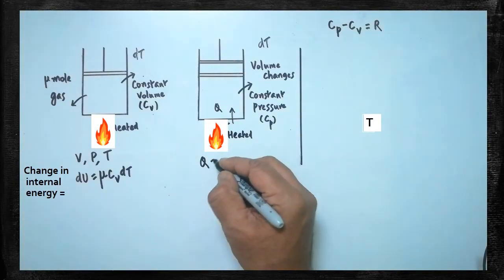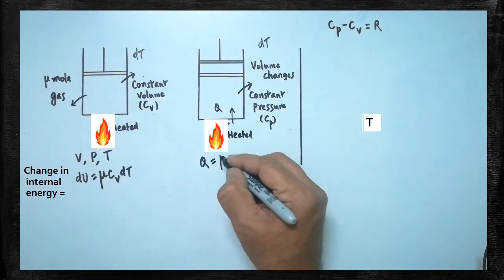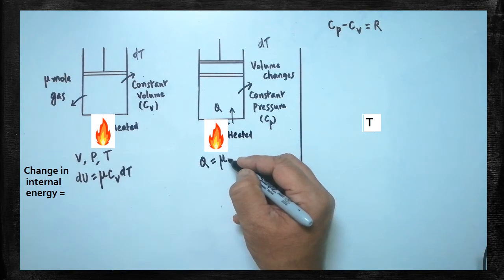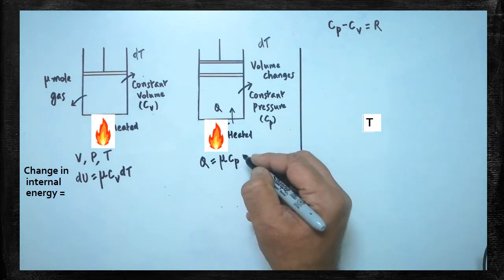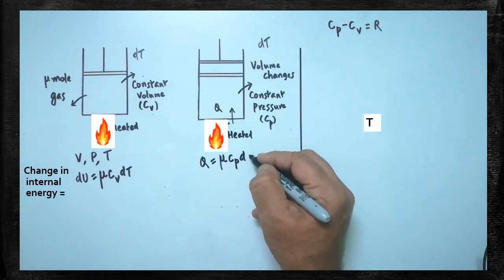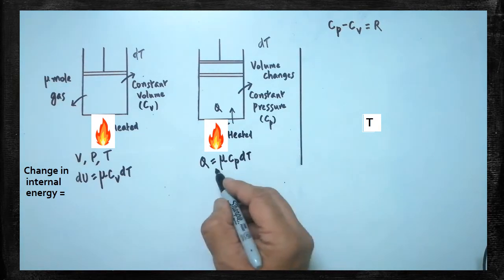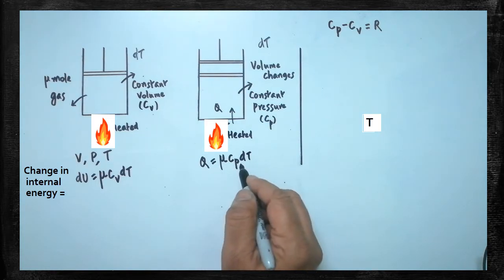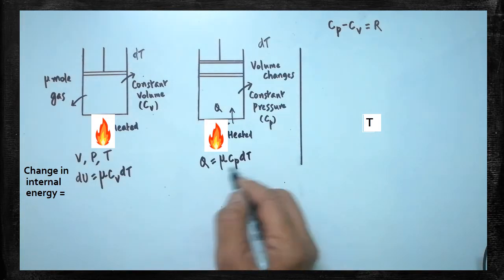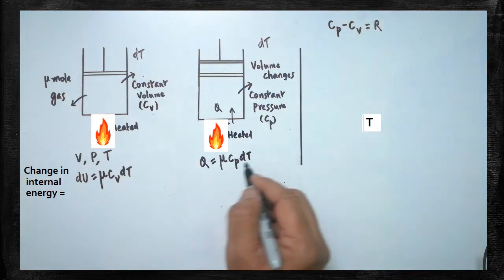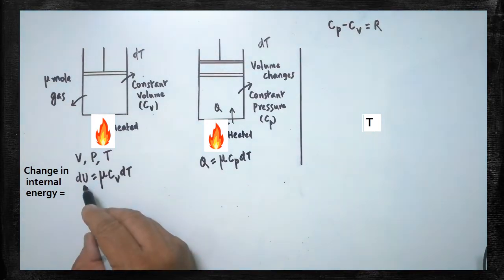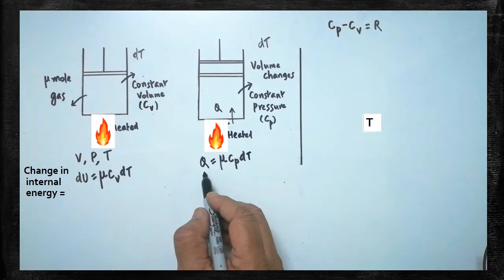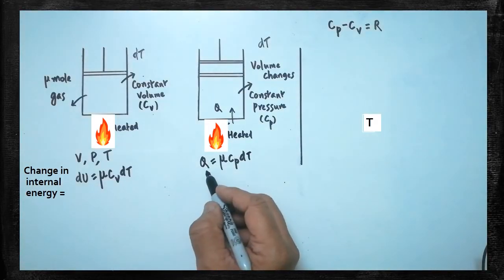It can be written as Q is equal to mu mole amount of gas, constant pressure is maintained, therefore Cp into the change in temperature dT. So this is the formula derived with the help of the simple fundamental formula Q is equal to mst. Therefrom this formula is derived. So we have got two formulas, one is dU and another one is Q.